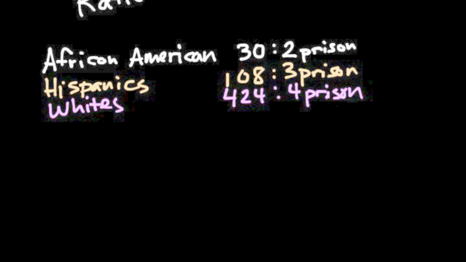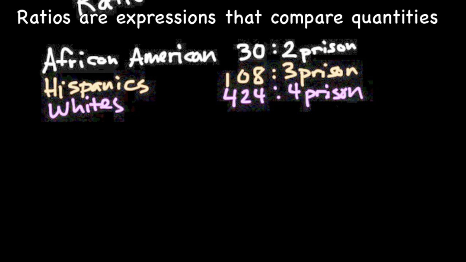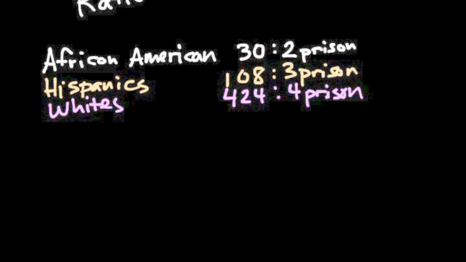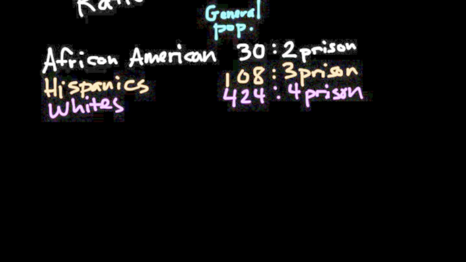So ratios, you're comparing two quantities. You're looking at two expressions and you're comparing different quantities. On this left side, we have the general population, which we'll abbreviate.